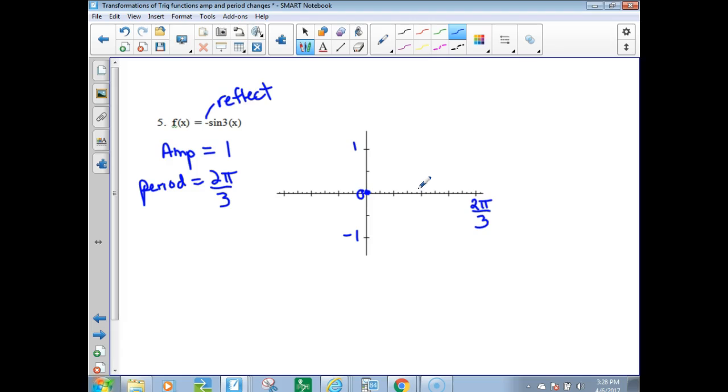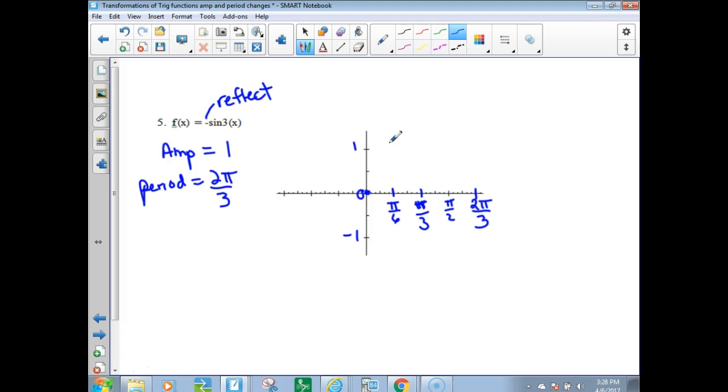Because now I can do the markings that I've been doing with you today. Half of 2 pi over 3 is pi over 3. And half of pi over 3 is pi over 6. And we have 1 pi over 6, 2 pi over 6, 3 pi over 6, which is pi over 2. And now I'm ready to go.